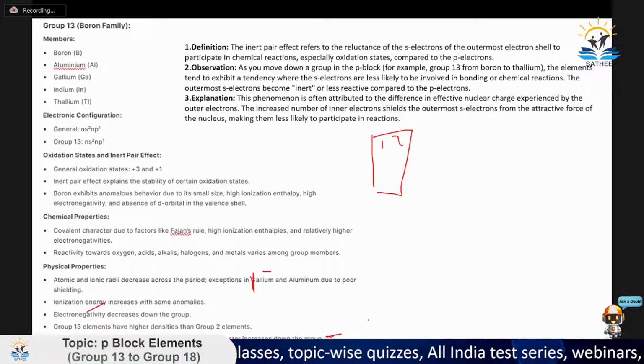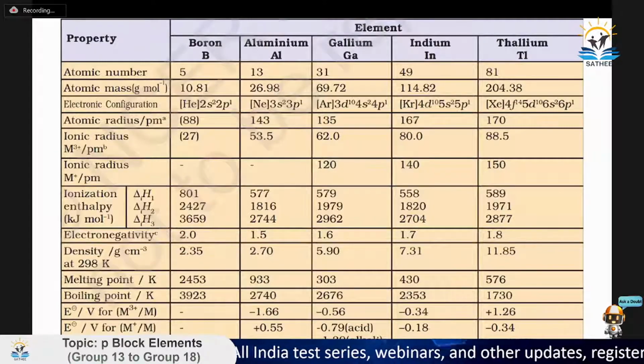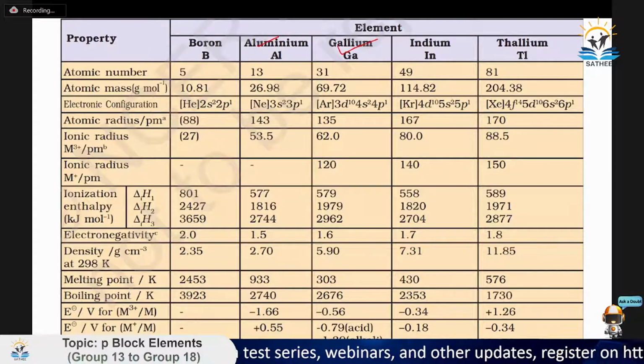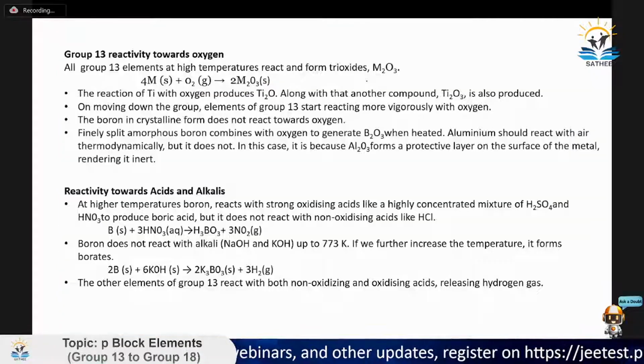We all know this particular point always stands. So primarily what you have to remember here is mainly about aluminium and gallium, because this is where the whole thing gets tricky. And now let's talk about a bit of the reactivity.